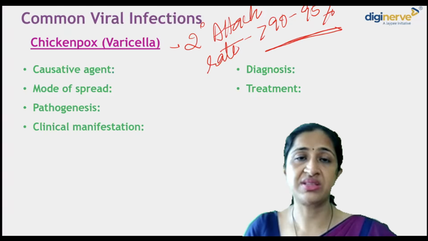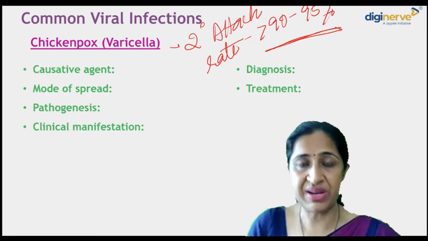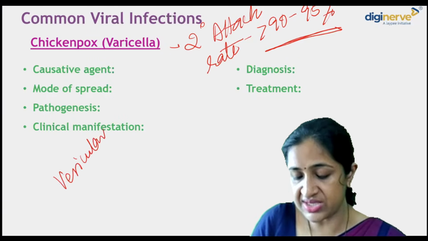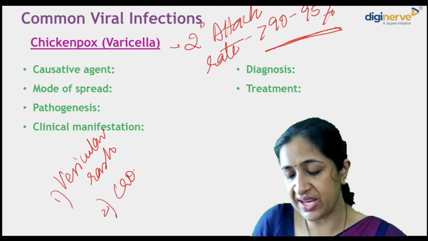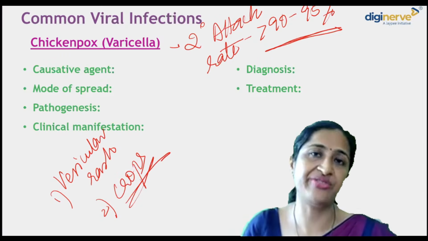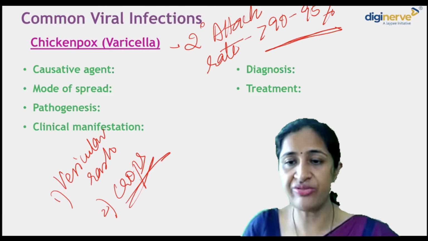Pathogenesis is primary viremia, secondary viremia, the same thing. Clinical manifestations: vesicular rash, important. Vesicular rash appears in crops, so you will have different rashes at different stages of maturation. That is very classical of varicella.